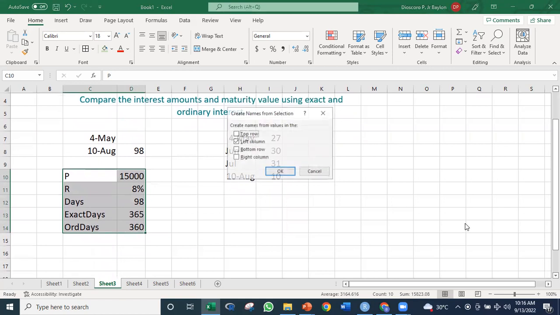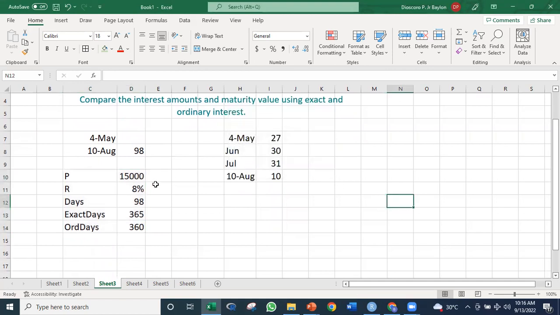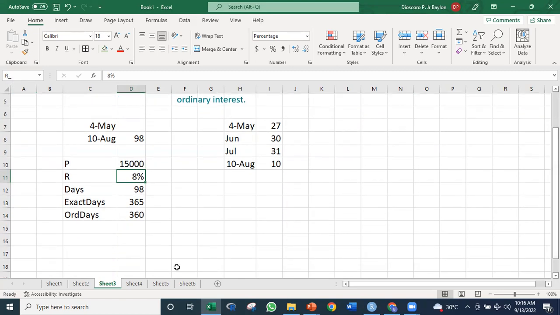Control Shift F3 there, and it rightly guesses that the names are in the left column. Okay, all right. And if you look at this one, it now has a name P. All right, this one has a name R. And you cannot use a single R, so it's giving it R underscore.